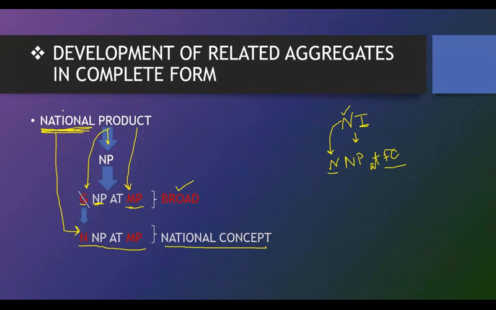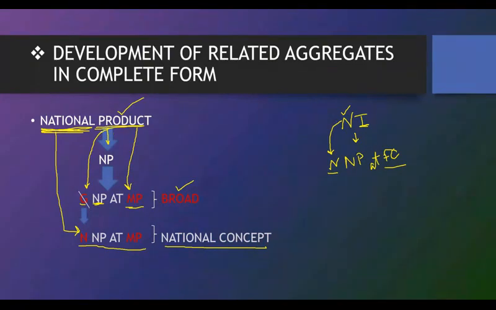But when I say national product, what do you mean by national product? Product is NP. Whenever the production concept is given, the prefix and suffix will be in the broader concept. But just because of national, I have used it as national product at market price. Again, I am repeating, just because of the national concept, this G I have changed to N. You need not get confused.